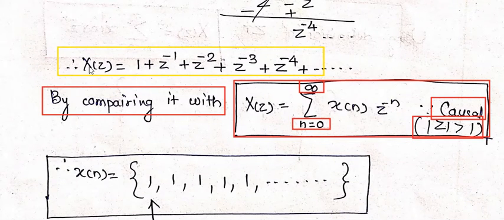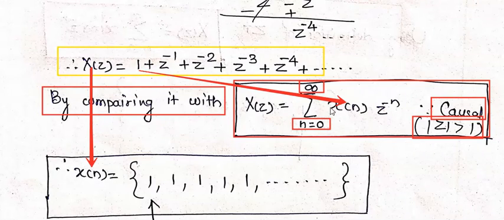Now if we have x of z, from this x of z we can directly obtain x of n. This is how, from x of z, x of n, meaning the inverse z transform, will be taken. Just compare it with this definition. When n equal to 0, x of 0 into z raised to 0, x of 0 will be 1. So the coefficient of z raised to 0 will be 1. Z raised to minus 1 means it is the n equal to 1 case.